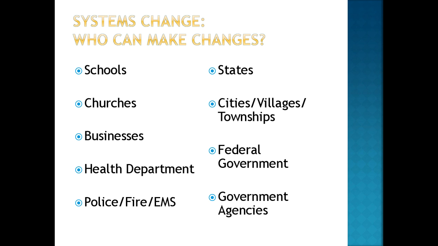So who can make system changes? Often the people who can enact policies or make policy changes are generally the same people who can make system changes. Any organization can make system changes, really, as you think about it. This can be schools, churches, businesses, health departments, police and fire, as well as state governments, your local government, and federal government agencies.